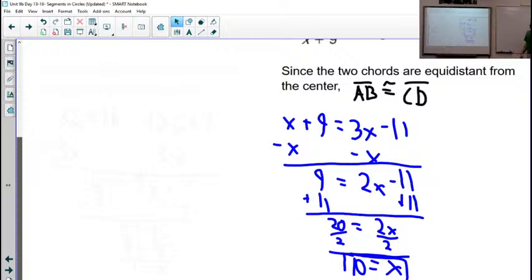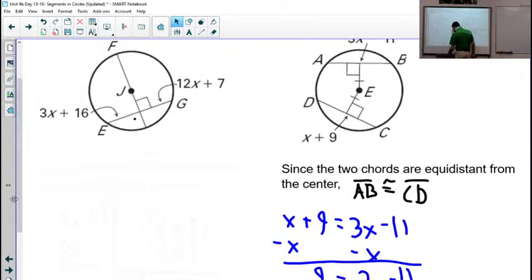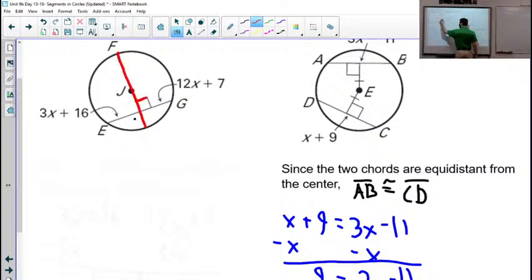Now, the first one is using a slightly different idea. The first one says we have diameter, we have perpendicular. So since we have diameter and perpendicular, that's going to tell us bisect.